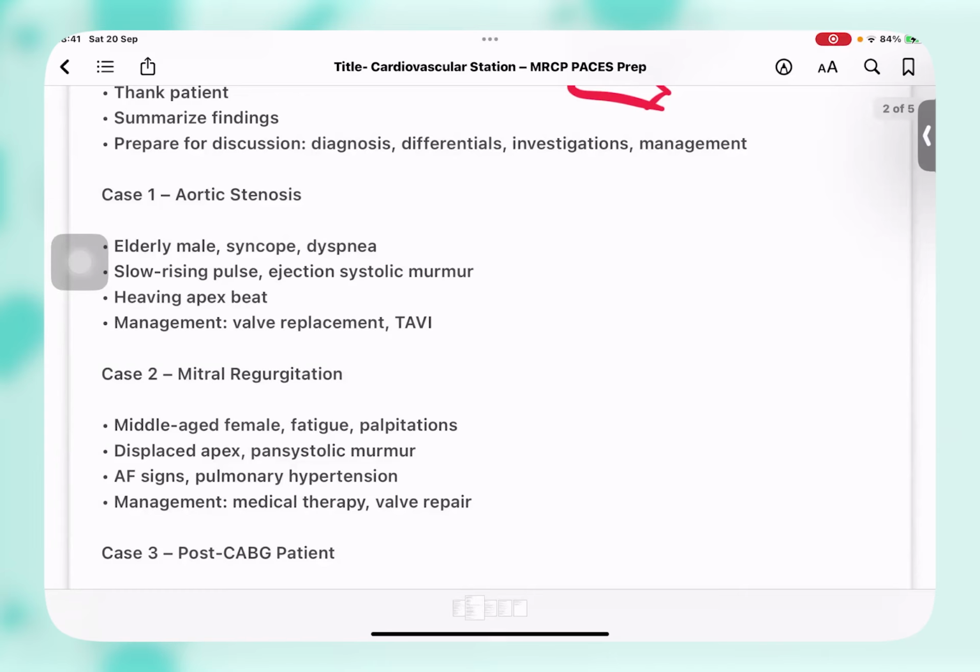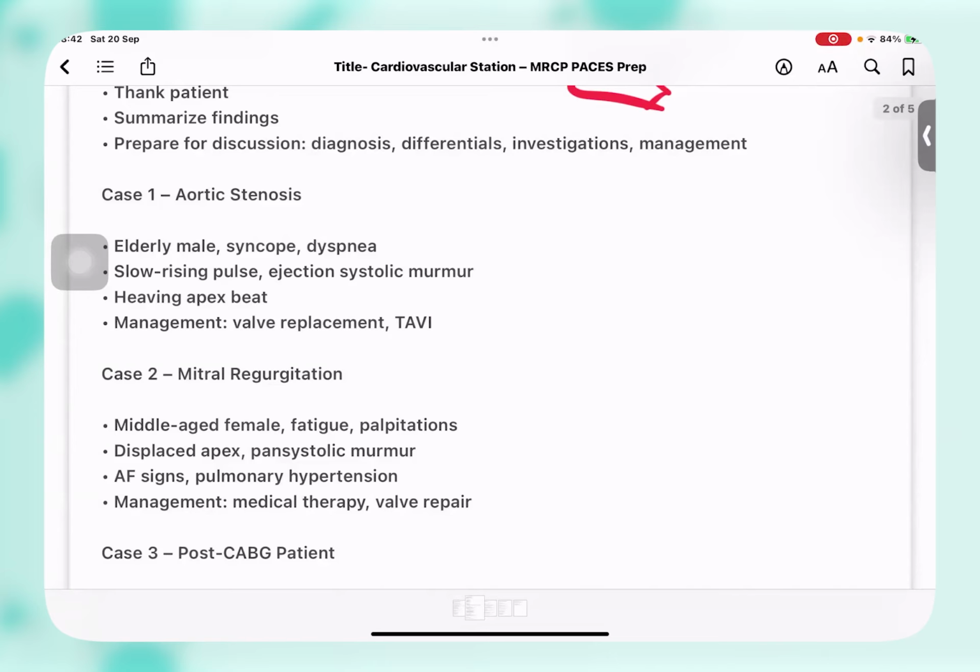Be prepared that whether it is a VSD murmur or a mitral regurgitation murmur. Mitral regurgitation is a beautiful musical murmur, whereas the VSD murmur is a little harsher murmur, not musical. And mitral regurgitation in young females is usually secondary to rheumatic heart disease.